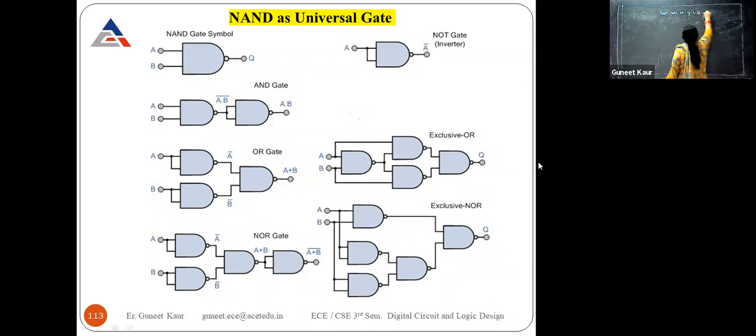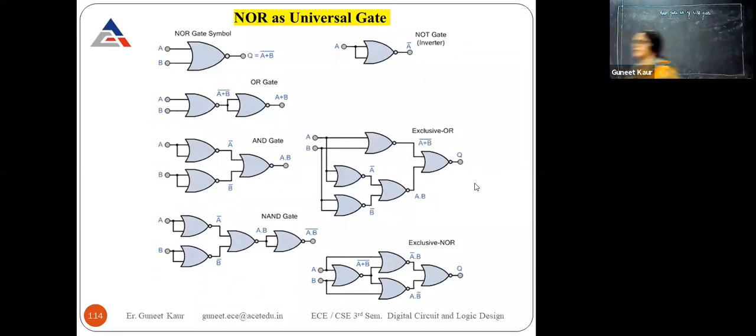Okay, firstly, you can see the diagram. The diagram is like this. You will put a NOR gate here, and the other NOR gate here. Both NOR gate outputs will be given to another NOR gate.